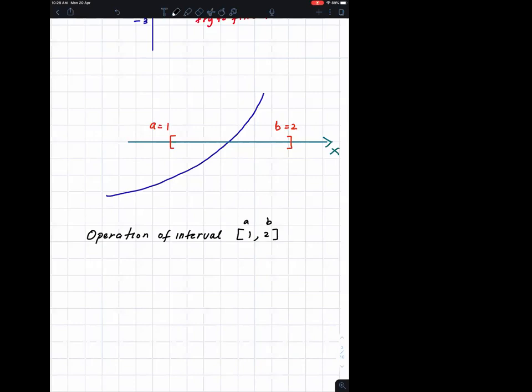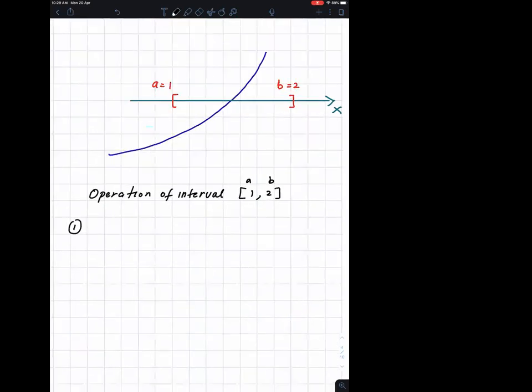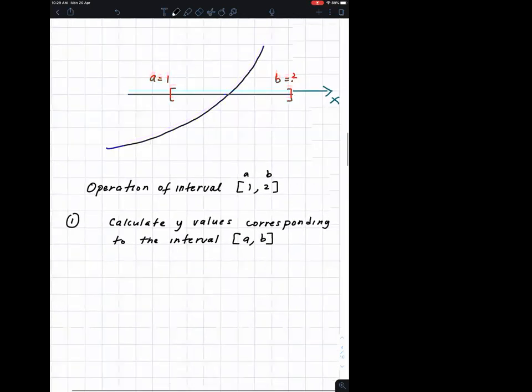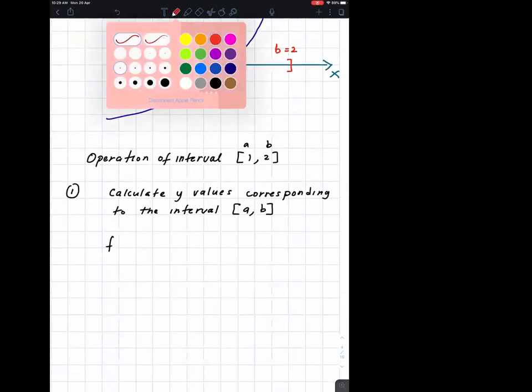That's A and that's B. Okay, first step, step 1: calculate Y values corresponding to the interval A and B. A was 1 and B was 2, right?